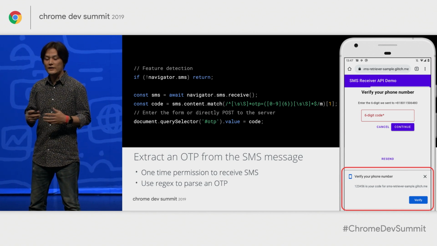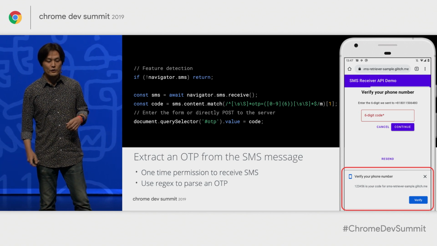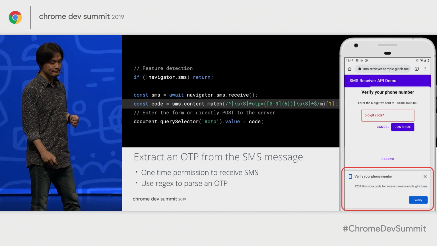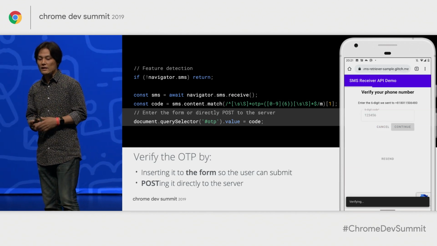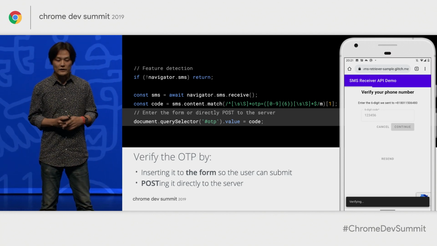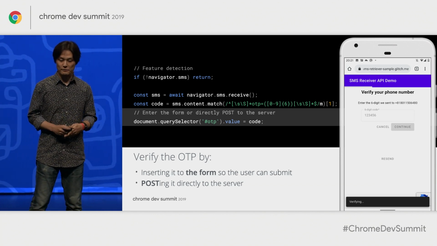In the current API design, you will obtain the entire text message, so you can use a regular expression to extract the OTP. After extracting the OTP, you can either enter it in the form for the user to submit or post it directly to the server-side verification.